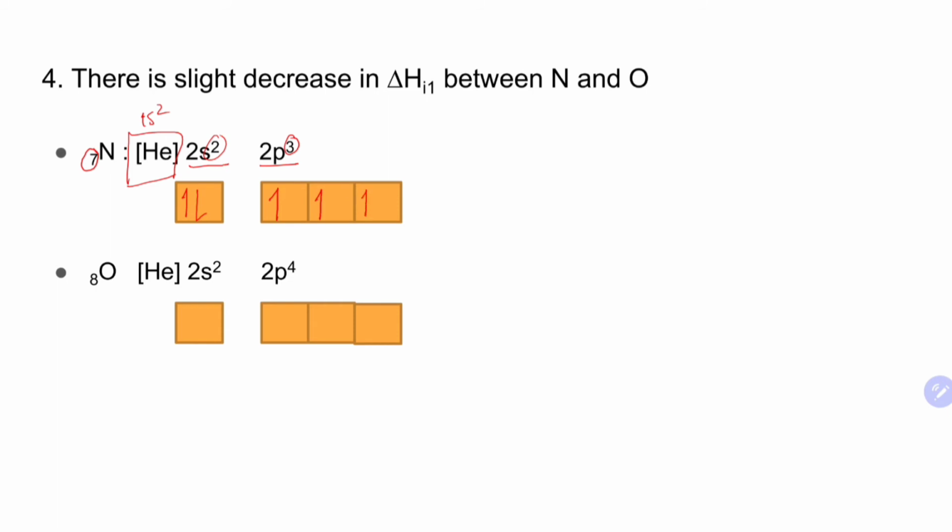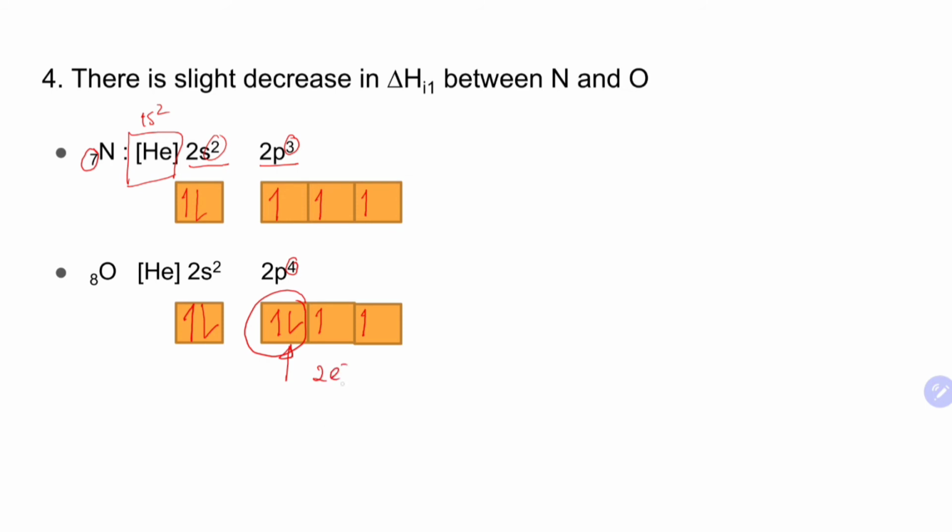For oxygen, almost the same, but here in 2p there are 4 electrons, so you have 2s2, then 1, 2, 3, 4. So the last one here, the electron to be released for the first ionization energy, comes from the orbital with 2 electrons.